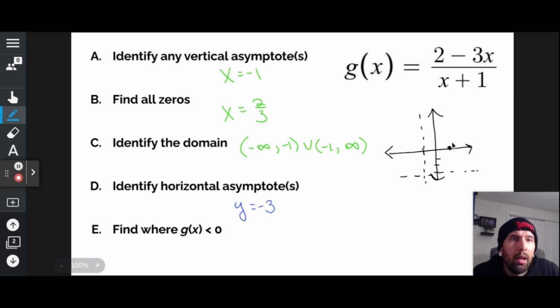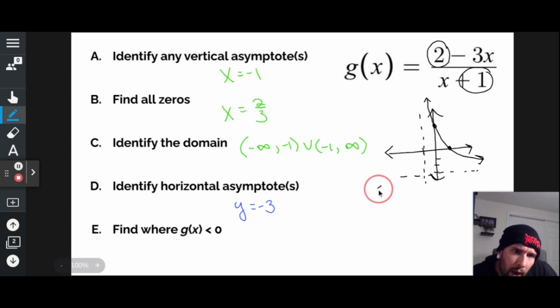I also know that the y-intercept can be found by taking the constant divided by the constant, which is 2. So based off of the information that I have, I can draw a picture that looks somewhat like this, where this will flatten out at negative 3, and way down here, that happens.